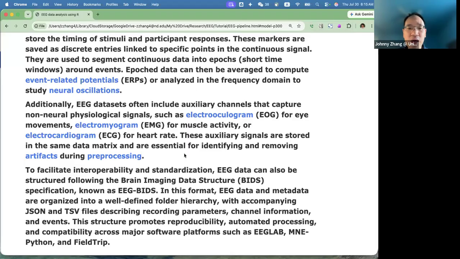This signal can be stored like other brain activity data because it is recorded at the same time as the other data collected.